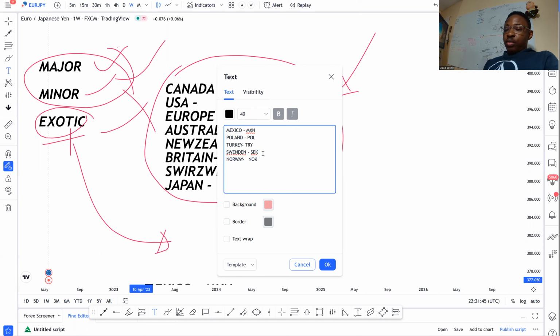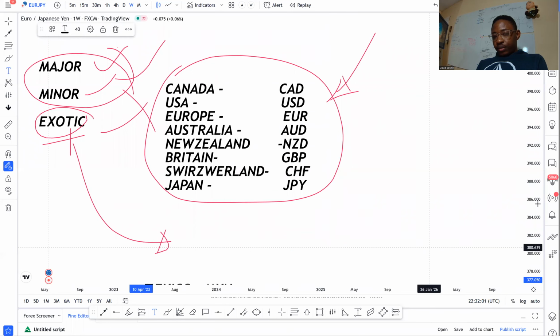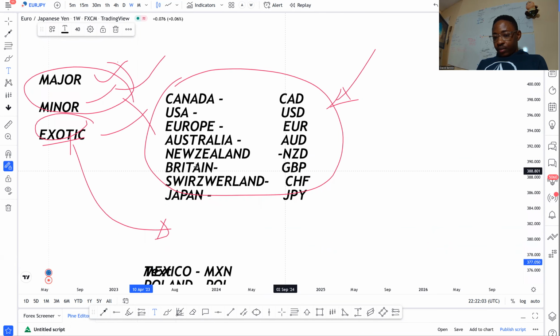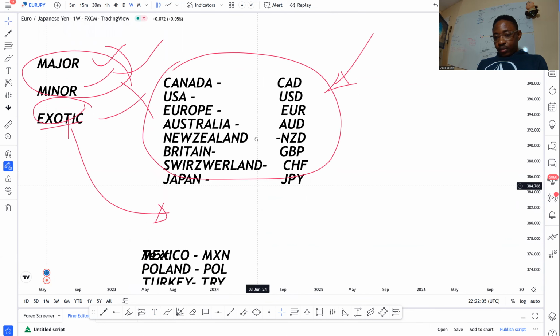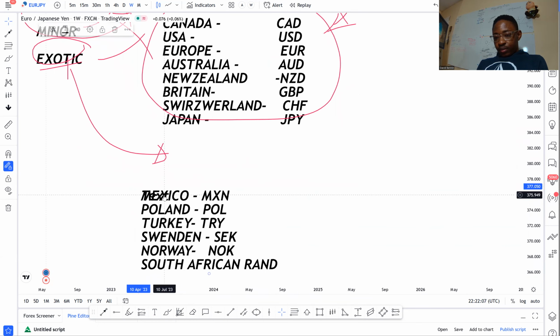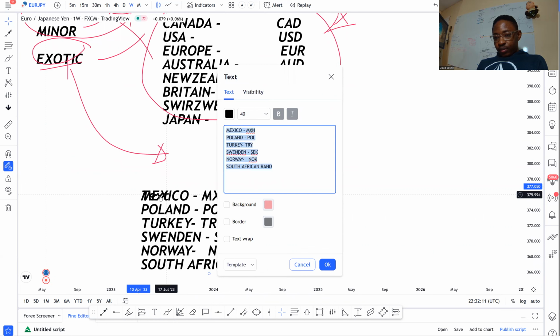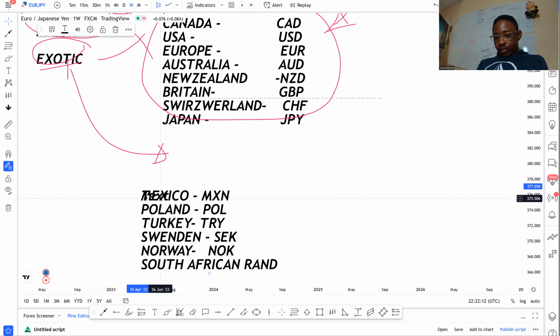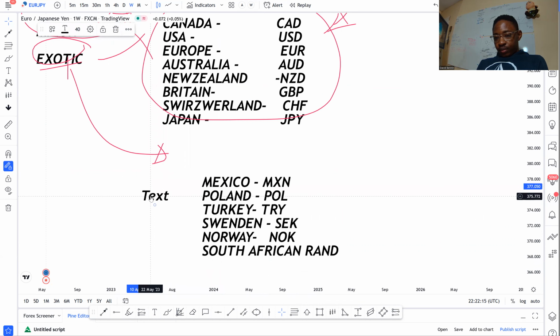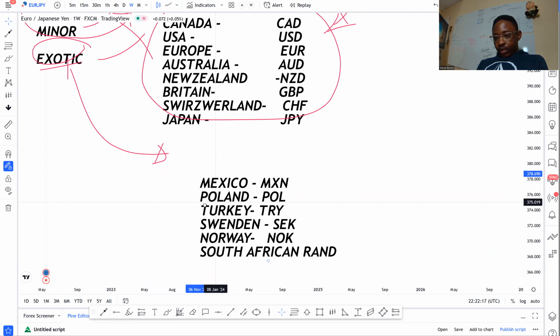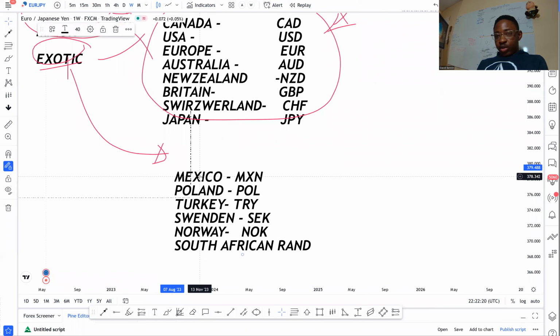So these are other currencies, and there is another popular one, which is the South African rand. All right, so these are referred to as exotic currencies.